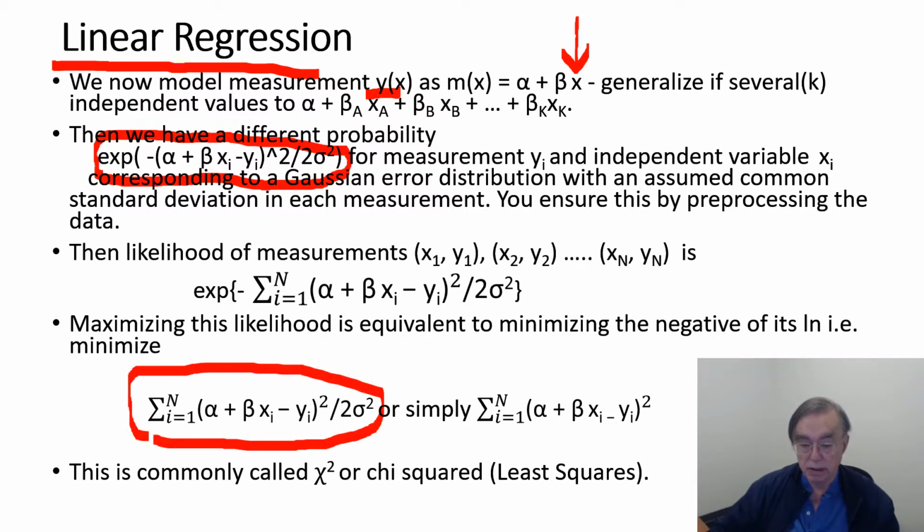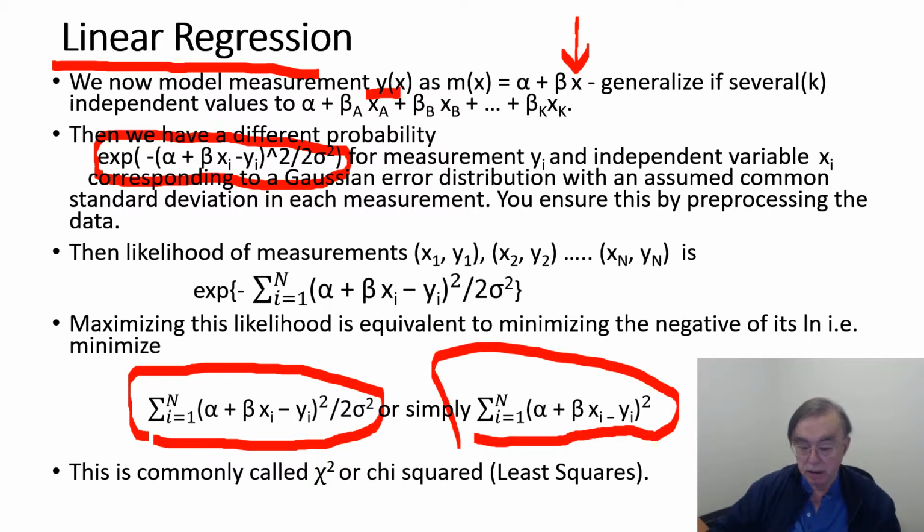Well, actually, this one is chi-squared, and another more popular term is least squares, and there are endless discussions of this. It is really straightforward to minimize this function to find alpha and beta, and we just sketch that in the next slide.